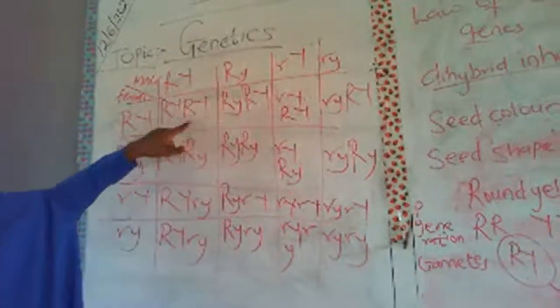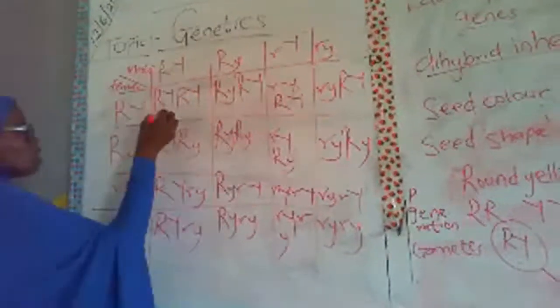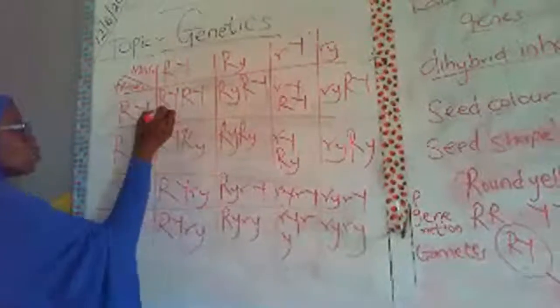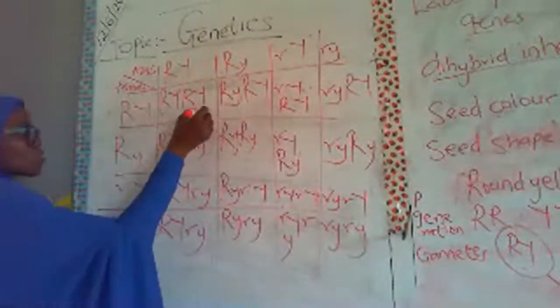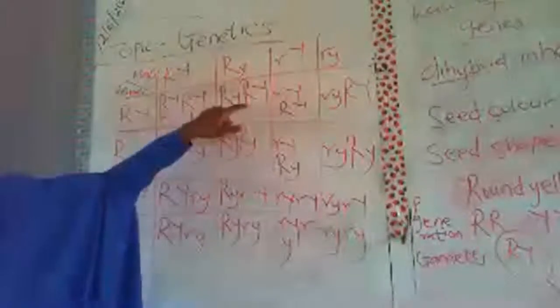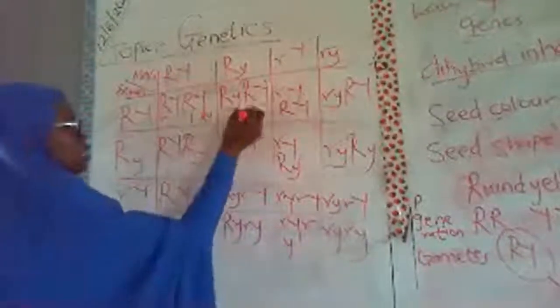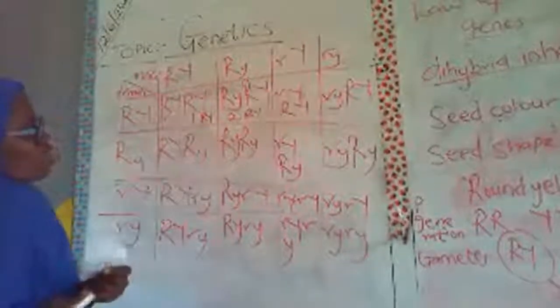Also, we have capital letter R, then capital letter Y, meaning this one is round yellow. Meaning that we have one round yellow here. So let's put it like this so that we know. Let's look at this one too. We have a dominant character here. Capital letter R, then capital letter Y. This is the second round yellow. Look at this also.